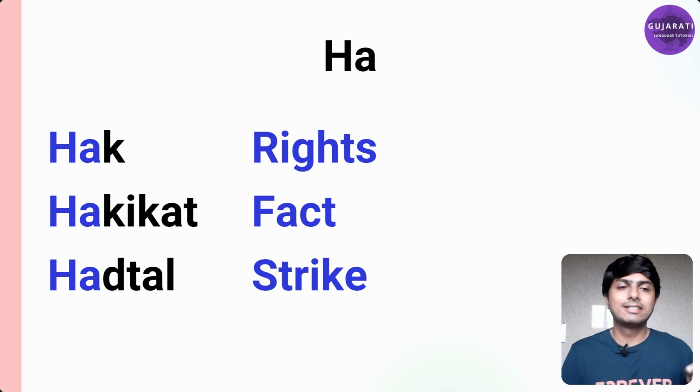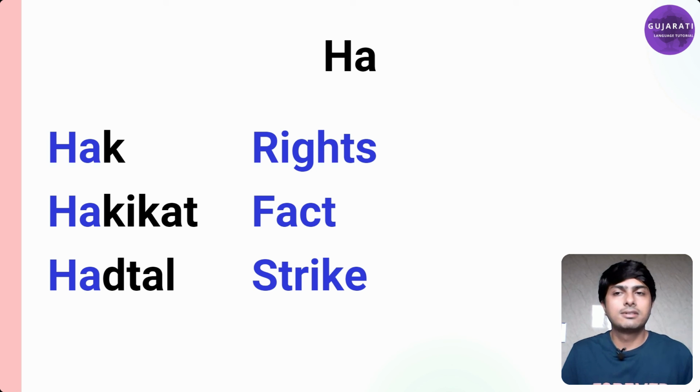The next one is HA, and with HA we have three words. The very first is Haq, which means rights. Then Hakikat means fact. The next one is Hadtal, which means strike. I'm repeating.